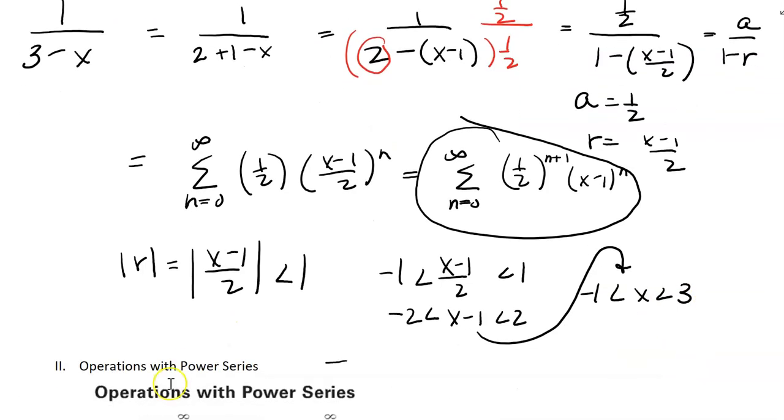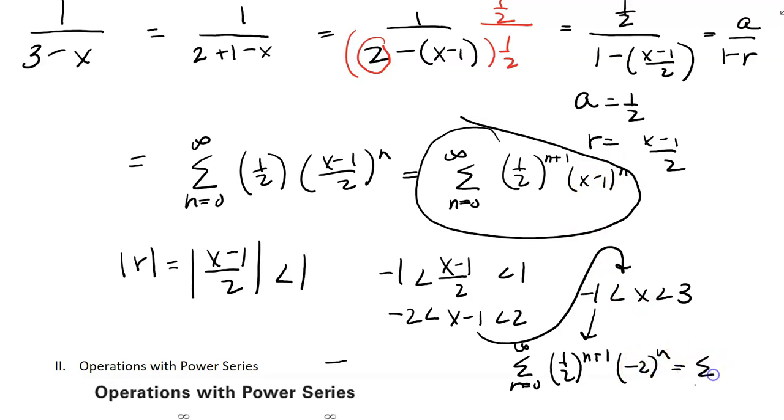And then we could check the endpoints by plugging them in. Just going back to whichever version of this you want, at x equals negative 1, we would have the sum from n equals 0 to infinity of 1/2 to the n plus 1 times negative 1 minus 1, which is negative 2, to the nth power.